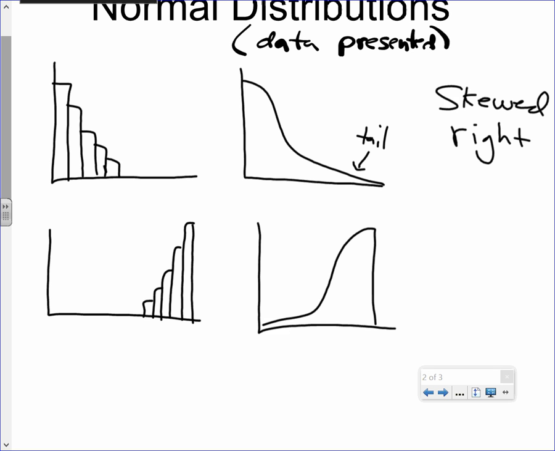Obviously, this would be skewed left. Skewed left. So far, so good.